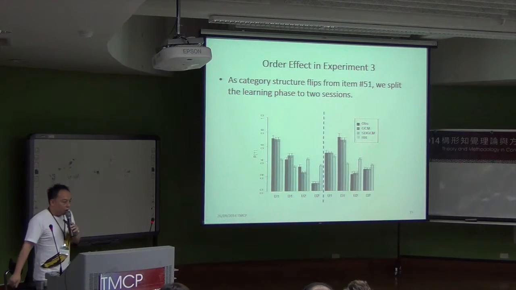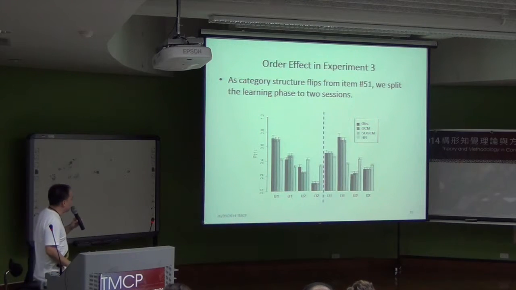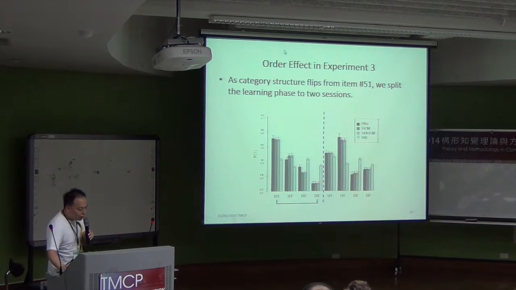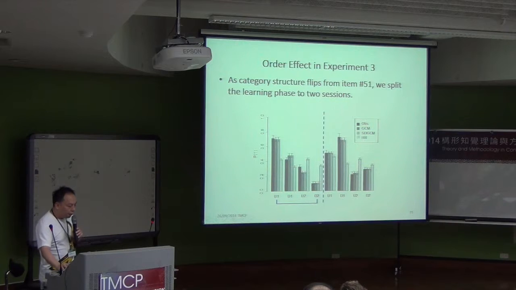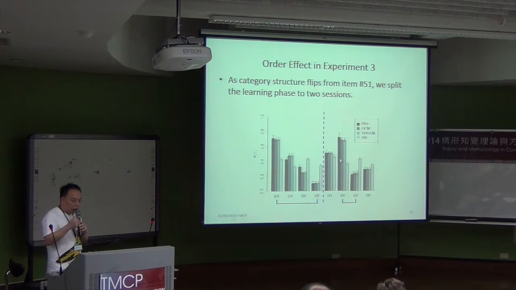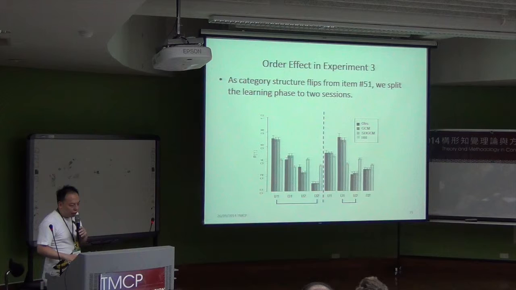Well, the pretty part is the order effect is very straight, because you can see in the first session we got the same pattern. In the second session, category 2 is larger than category 1.